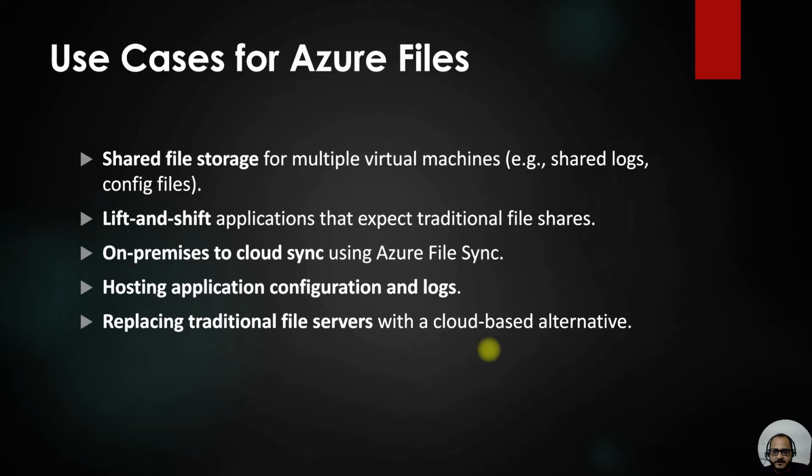For that you have to set up some kind of VPN connectivity from your on-premise environment to the Azure cloud. You can also use the service for application configuration and logs. These are the few use cases I have mentioned which you can use for Azure File Share.